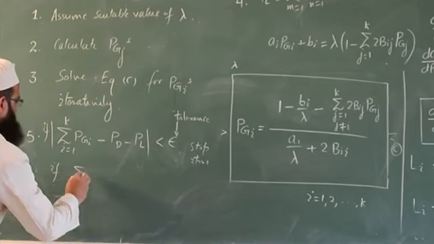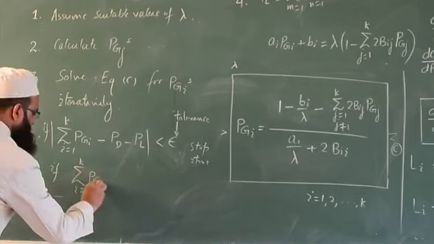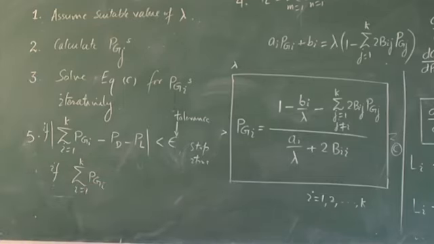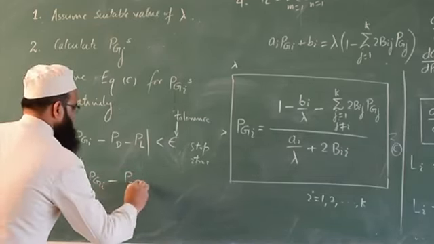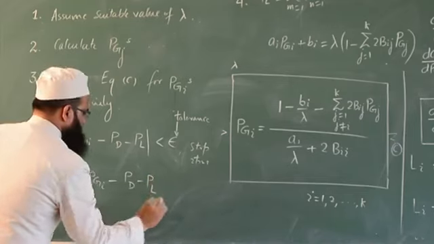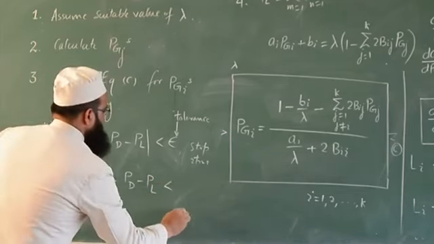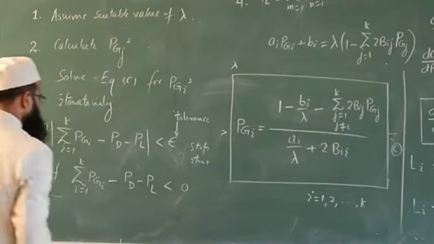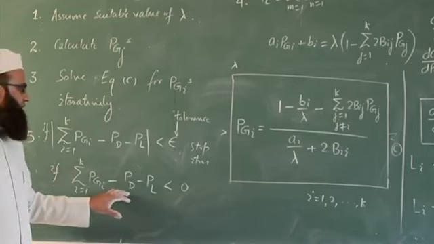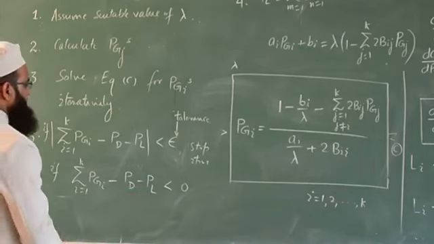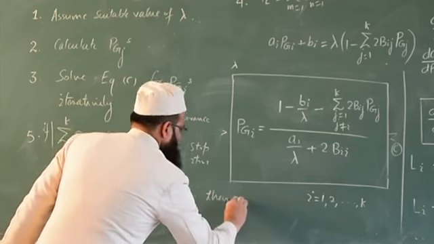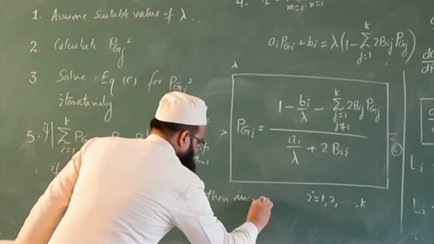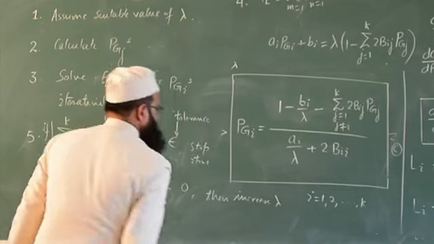if total generation, that is summation PGI, i is equal to 1 to k, minus PD minus PL is less than 0, it means total generation is less than the demand plus system loss, then increase lambda.